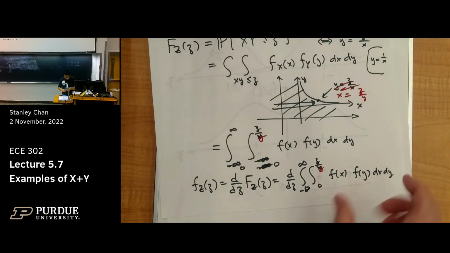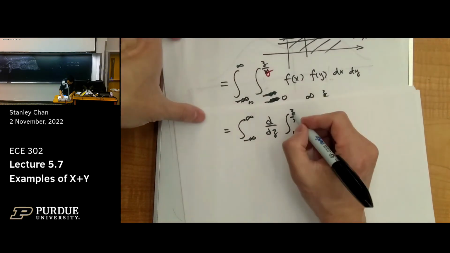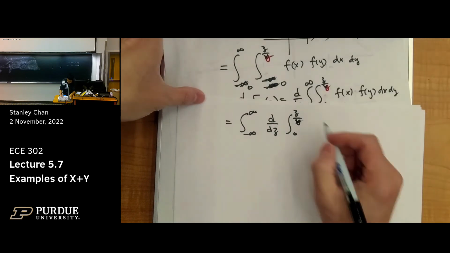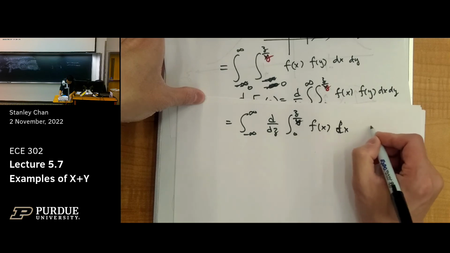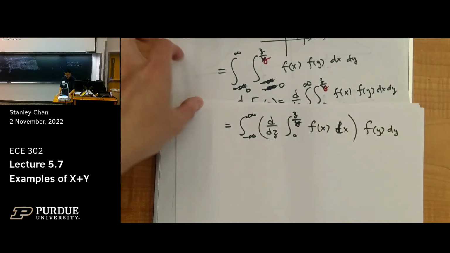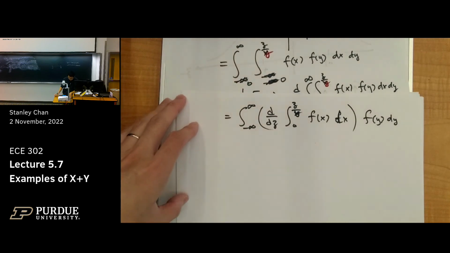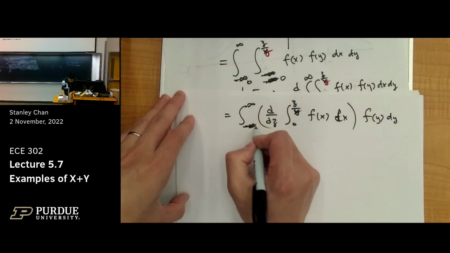Just bear in mind that I'm not very good in bookkeeping these symbols. Okay. So this is fX and dx. Okay, and then there's fY dy. Okay. Sure, 0.